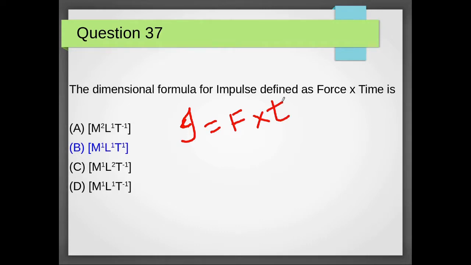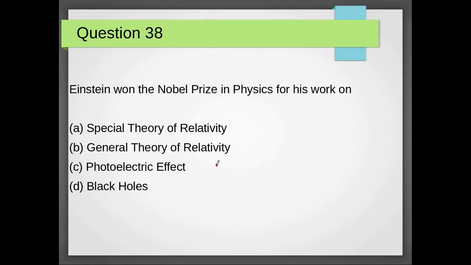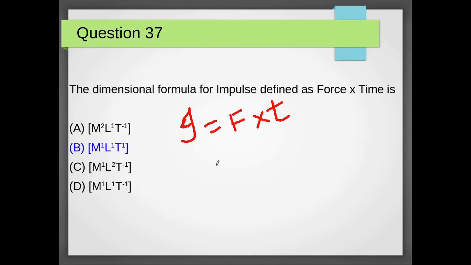So calculating the dimensions of force, we get it as M L T to the power of minus 2 into the dimension of time, which is T. So the final answer you get is M to the power 1, L to the power 1, T to the power 1, which is option B.